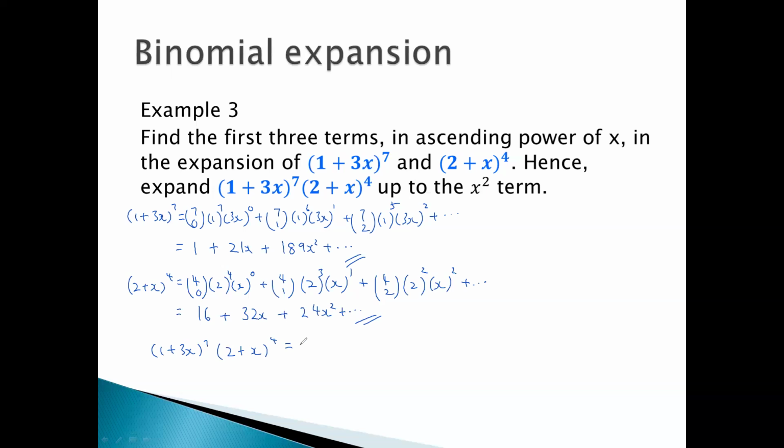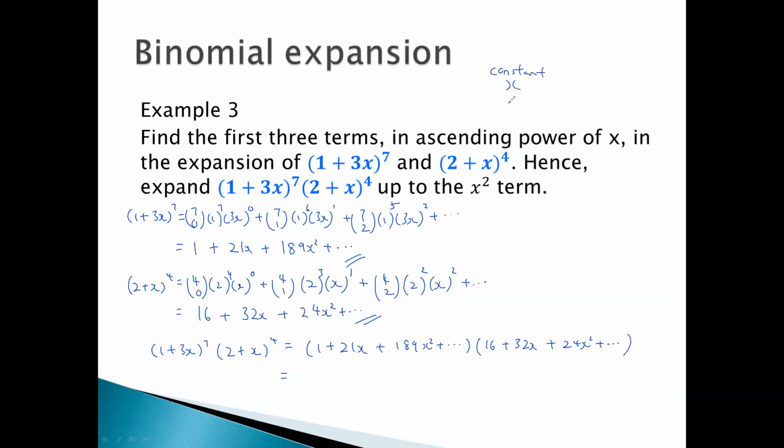So 1 plus 3x to the power 7 is actually 1 plus 21x plus 189x squared, still writing your plus dot dot dot, times 16 plus 32x plus 24x squared plus dot dot dot.